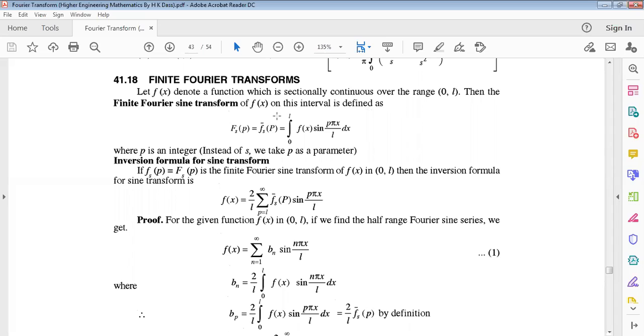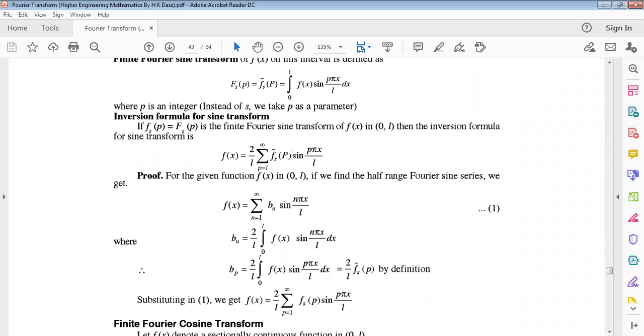Remember it: the finite sine transform is the integral from 0 to L of f of x sine of p pi x divided by L, where p is the parameter instead of s. In the previous Fourier transform we used s as the parameter, but in place of s we use p to denote the finite Fourier transform.